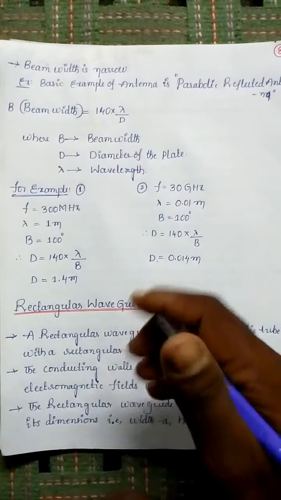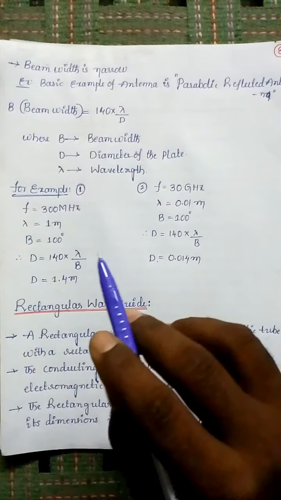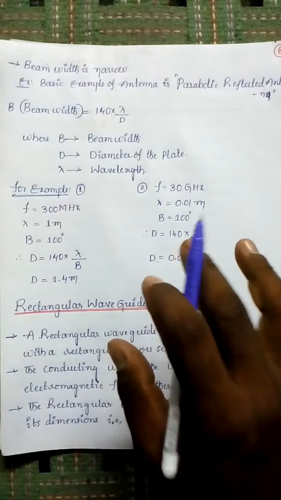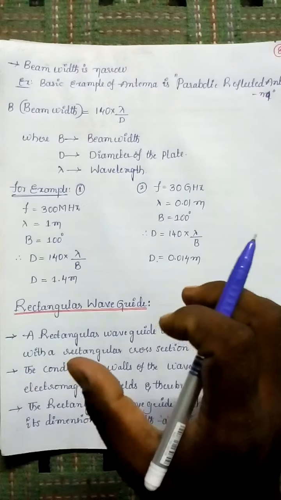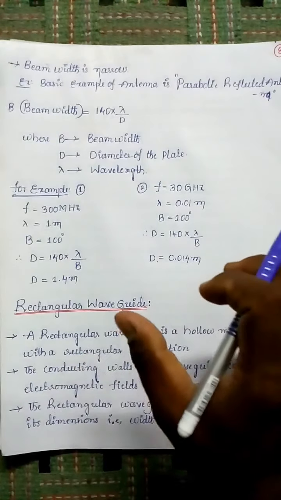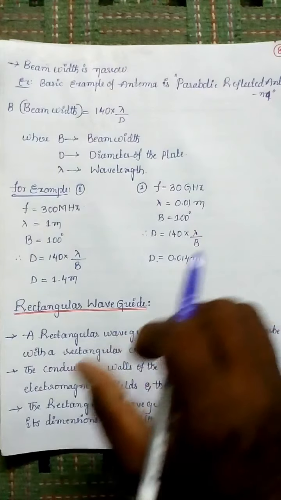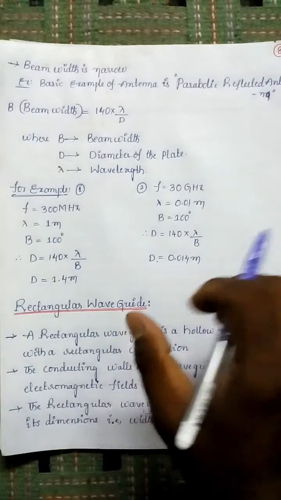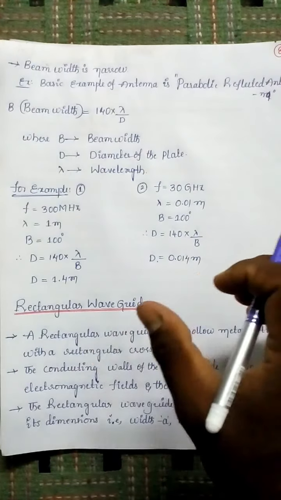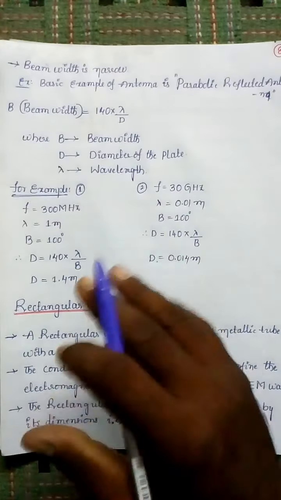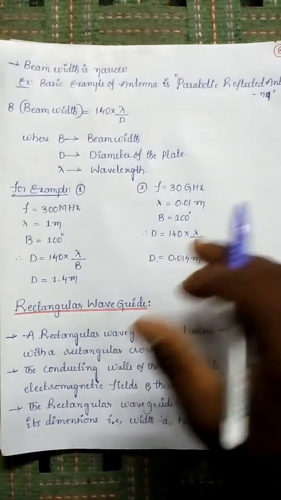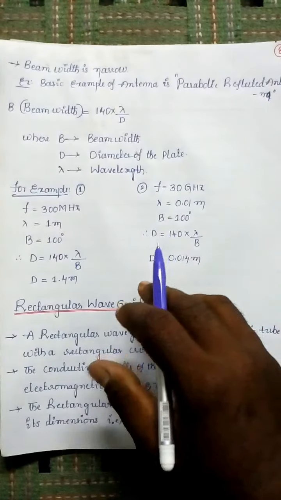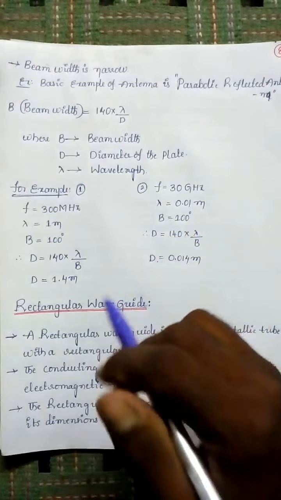In that, we discussed the microwave spectrum and microwave bands: which frequency range is known as L band, S band, W band, and Ku band. Corresponding to these frequency bands, we also read the applications. And the properties and characteristics of waveguide are also over.